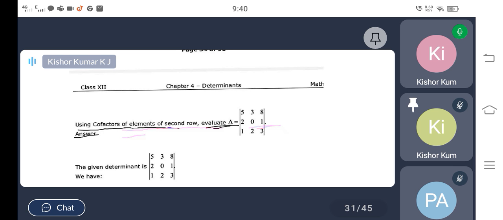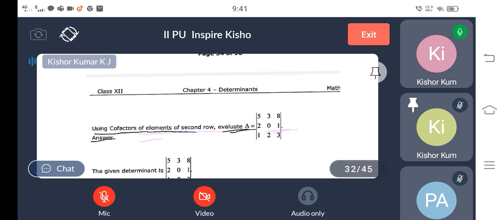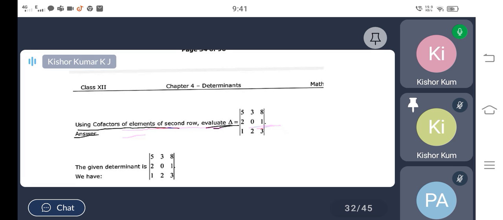And you know one thing, to get the cofactor values, compulsorily we need to get the minors of the second row. With that only it is possible to get the cofactors. So I am going to consider the minors of the second row first. If you have calculated the minors, then it will be easy for us to calculate the cofactors.